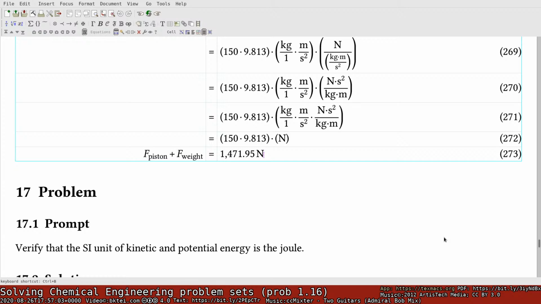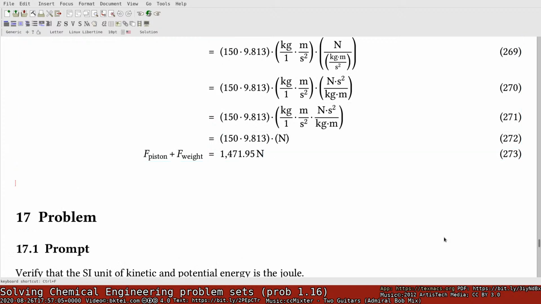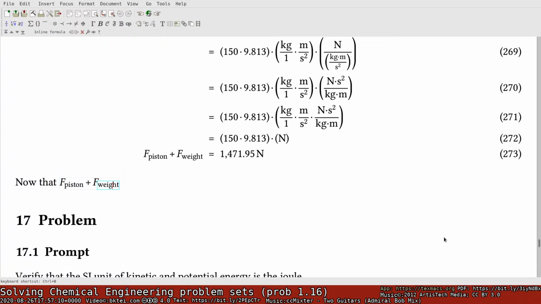So now that we have F piston, F weight, and F atmosphere, we can add them all together. F piston, F weight, let's keep them in order. F ATM are known or are calculated.